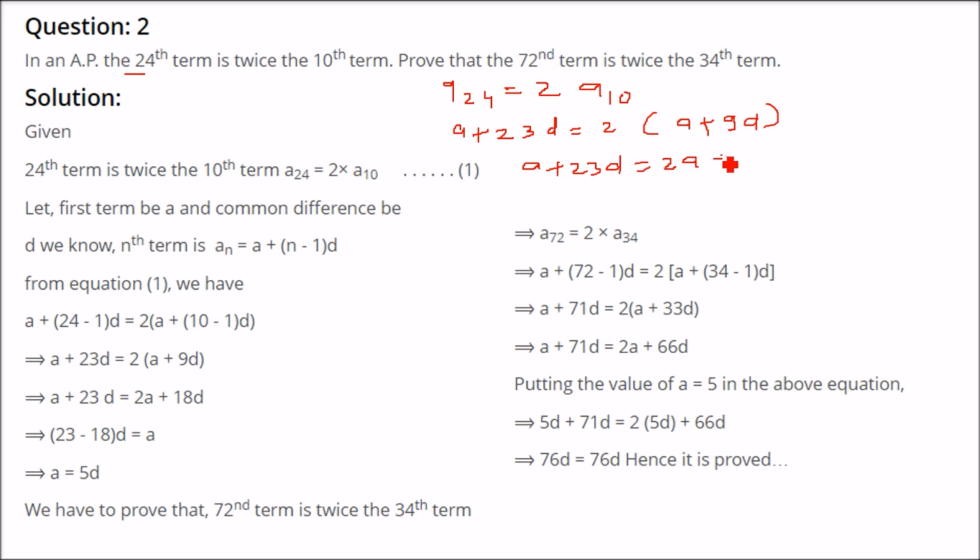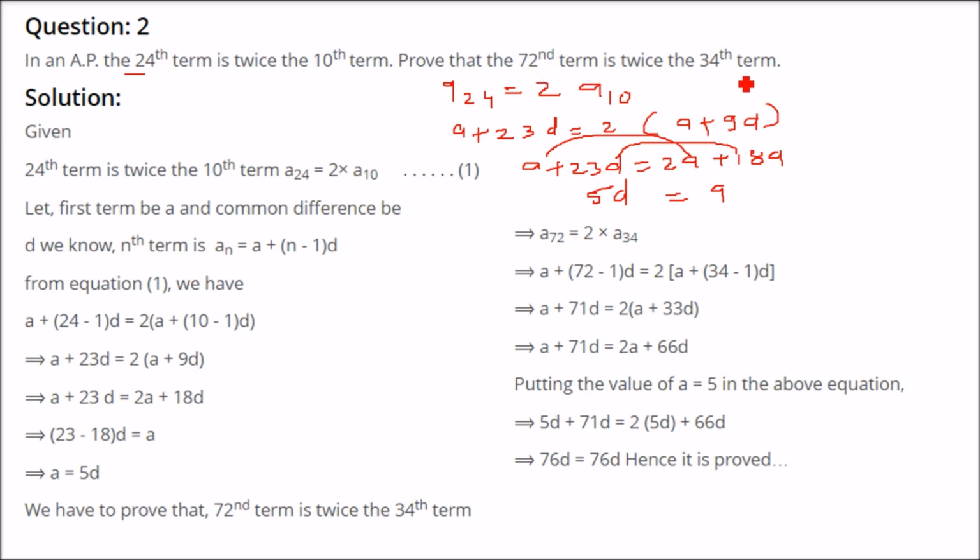So a plus 23d will be equal to 2a plus 18d. Now we have a relationship between them. Let us bring the a term here and the d term there. So 2a minus a is a, and 23 minus 18 is 5d. So a is 5d.